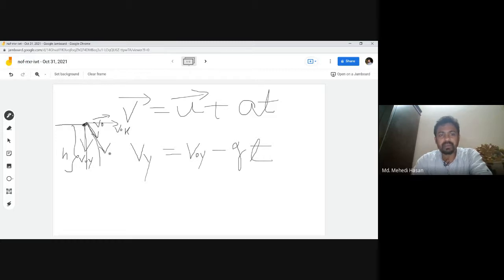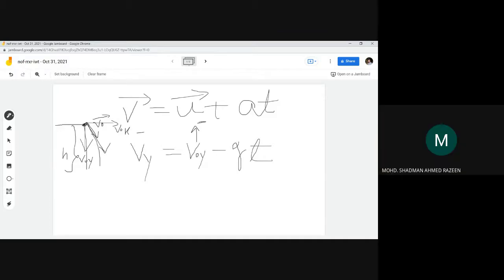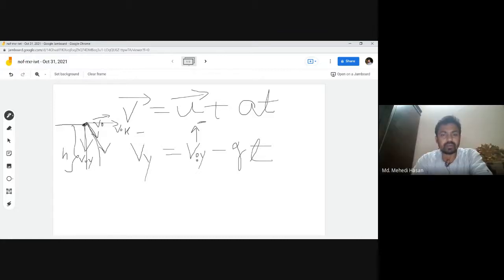So here we can say that this part is negative. V naught y is negative, downward, and vy, the y component of the final velocity, is also negative. How is vy negative? The y component of the initial velocity is negative, because the vector is like that.